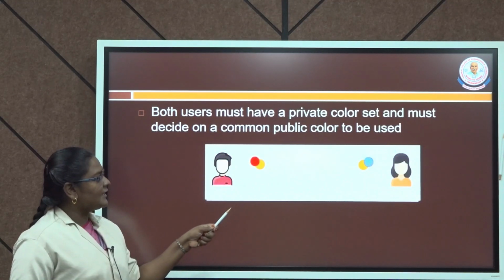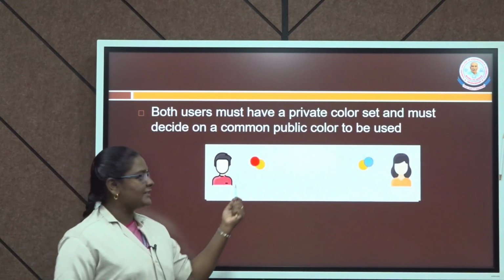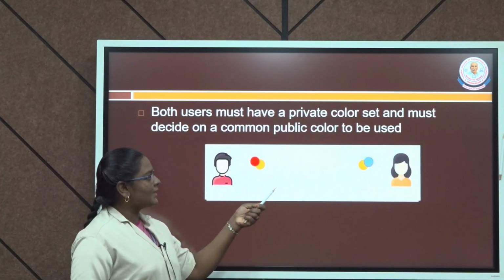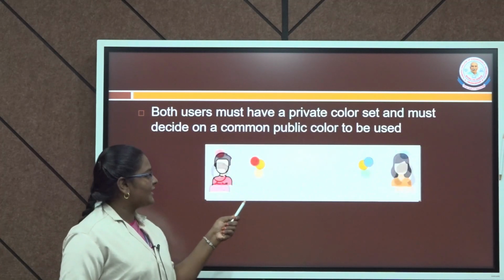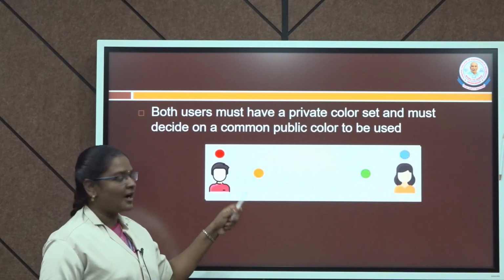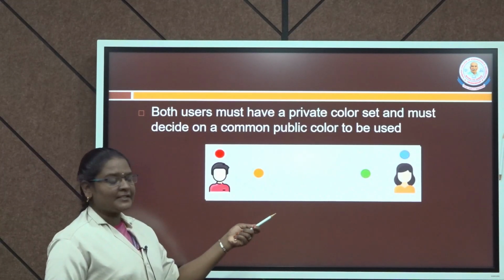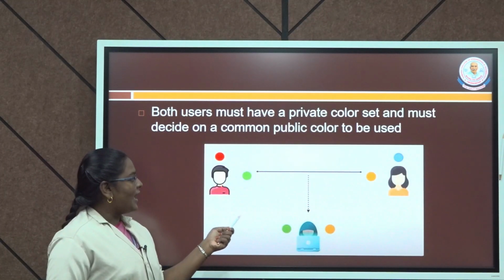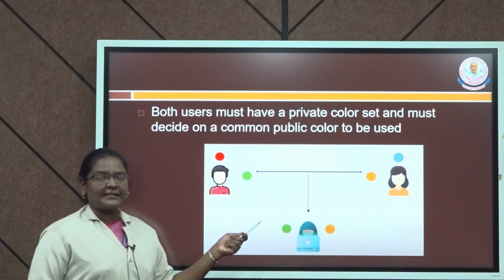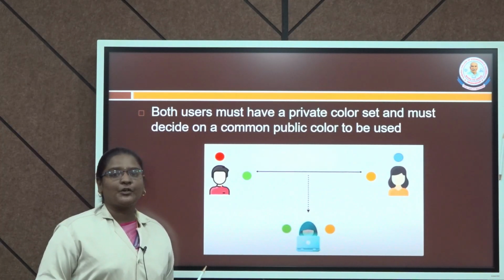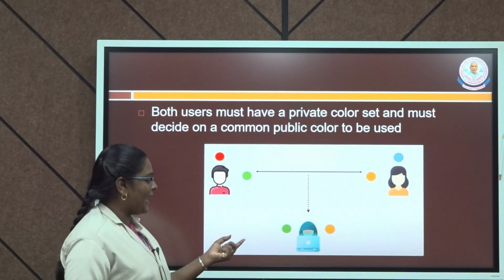With these we have one common color, yellow. These two colors are combined with the common color and create different colors, orange and green. These two colors are exchanged between them, and even through the channel there is a possibility that the hacker gets the colors.